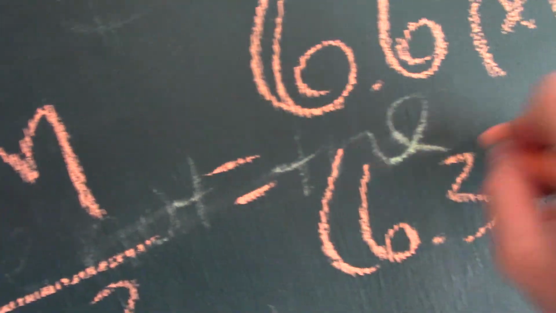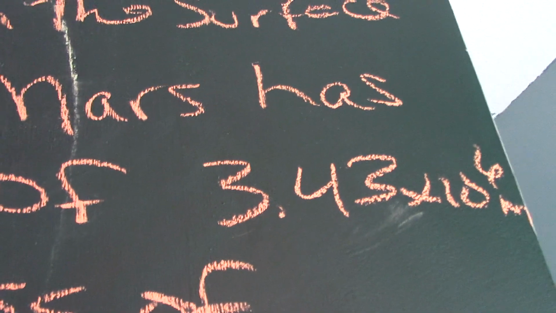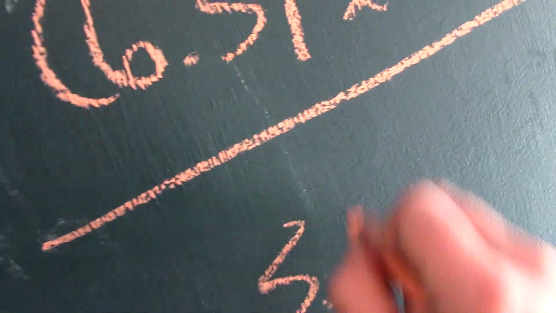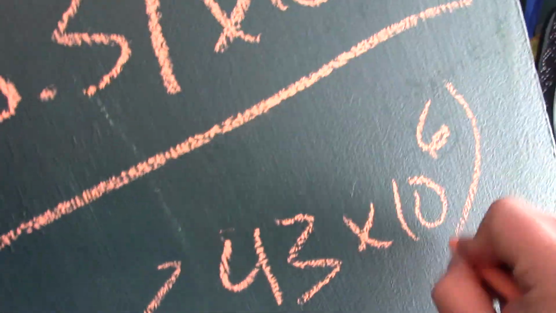That's from your data booklet. We're going to multiply that by 6.37 times 10 to the 23rd. And that's going to be divided by the radius from the center of Mars. And that's over r squared. So it's the radius squared.